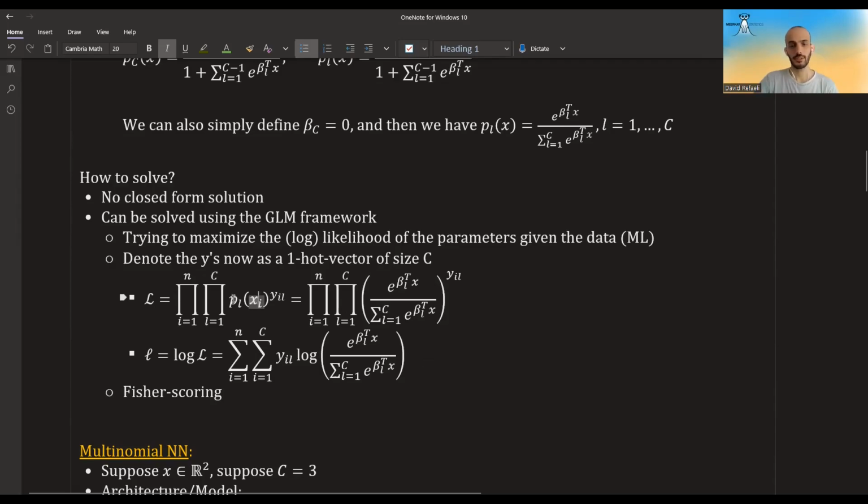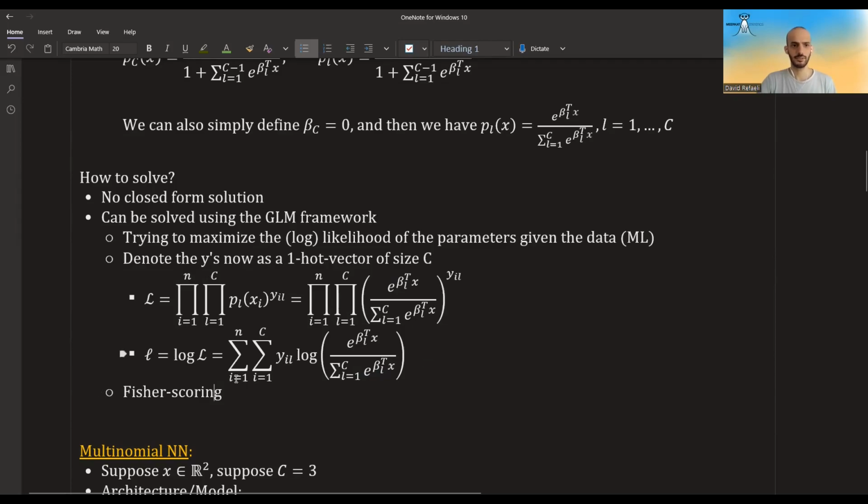So if for the first observation, let's say the second class was the one that we got in our data, we only take the probability of the second class. So this whole thing will be just one p per class, but we don't know in advance, so let's write it like this. Okay, and now we can replace the p's with what we found them to be, and we can take the log of it, and we get this thing over here.